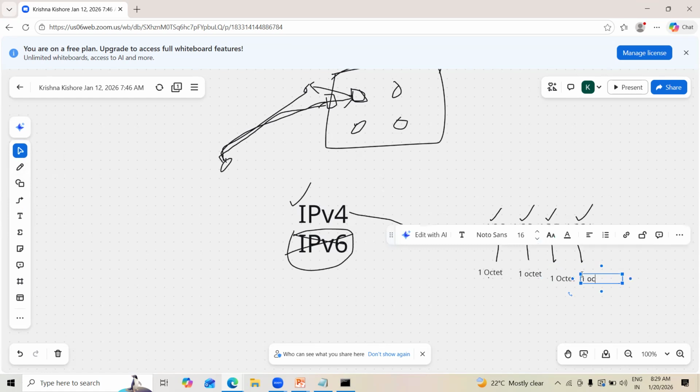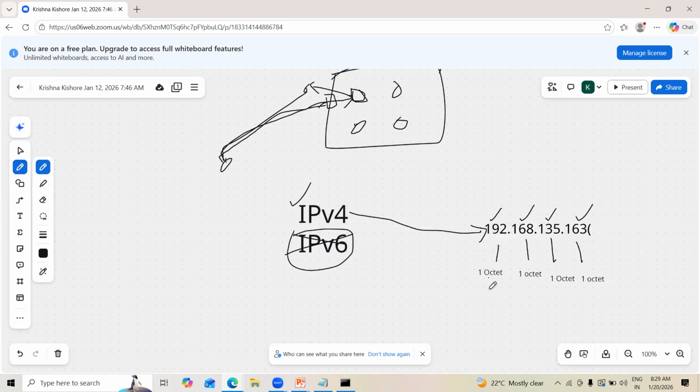What is the meaning of one octet? One octet means 8 bits.